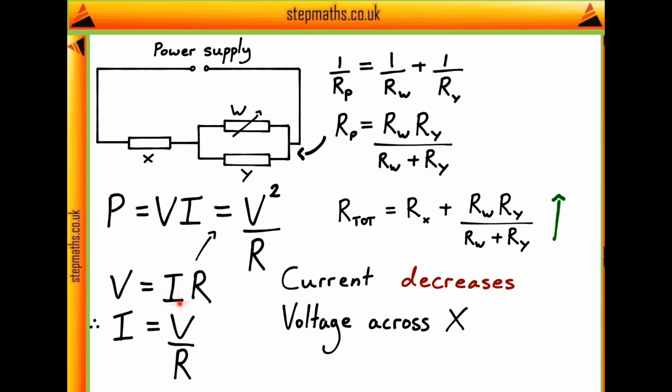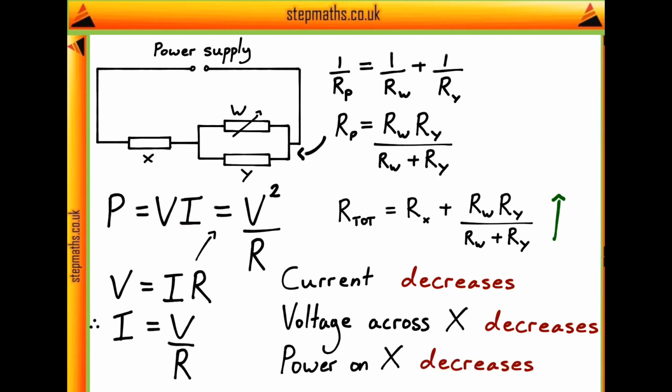But we also know that the current through X is decreasing. So that means that our voltage is going to decrease as well. Now, if our current and voltage are both decreasing, then we know that the power being dissipated across X is going to be a decreasing value multiplied by a decreasing value, which is going to be decreasing itself. So the power on X is going to decrease as the resistance across W increases.